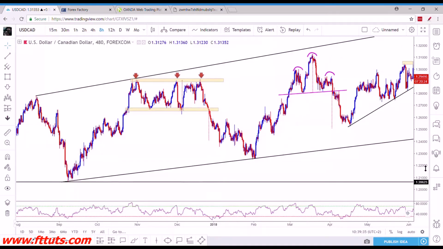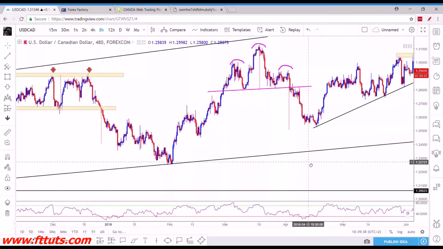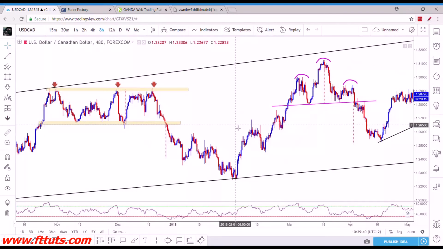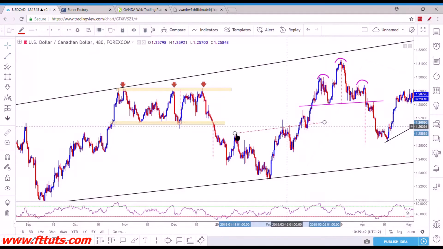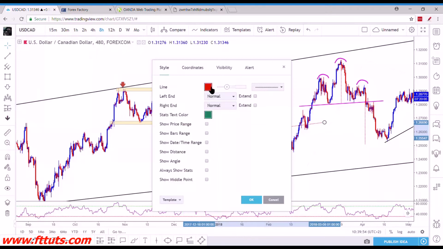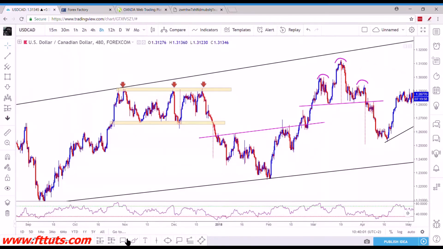Then you've got inverse head and shoulders. So you've got one here. It's not the best example because it's a bit choppy and it was not from a good bearish trend. It would be this one, which is, as you might see, an inverse head and shoulders. So there we go.